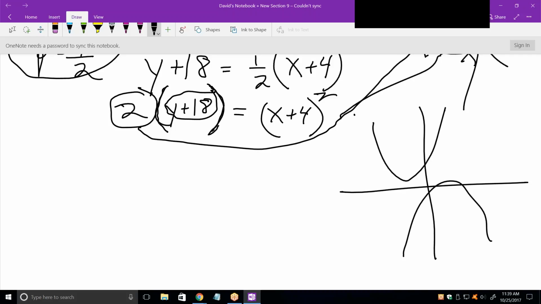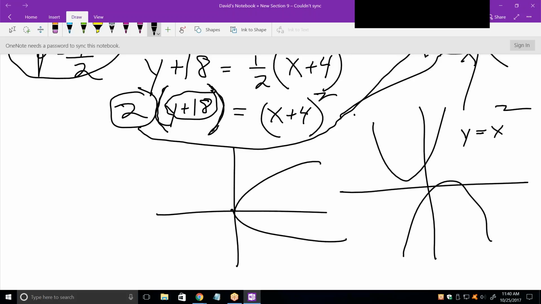Those parabolas are of the form y equal x squared. But when you start studying conic sections, you also have parabolas that can be horizontal. They can be like that, or they can go the other way, like that. They're still parabolas, they're just horizontal instead of vertical. These are of the form x equal y squared, not y equal x squared.